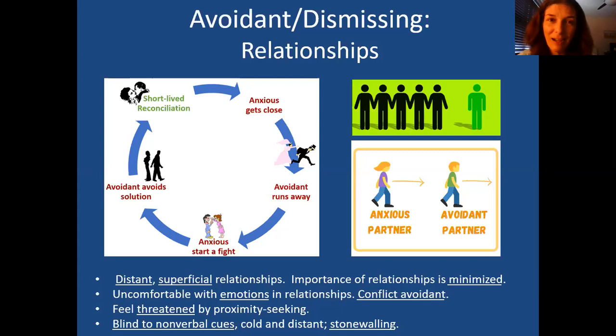But if looking into other people's eyes is just going to show me rejection, why would I want to look? Or if I look to someone else to mirror my emotional reaction back to me, and I just see invalidation, I just stop looking. So I don't really attend to nonverbal cues in other people very much, or tend to their emotions, because in the past that just led to more hurt on my part. Does that make sense?